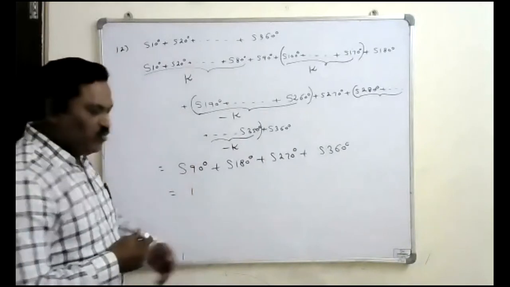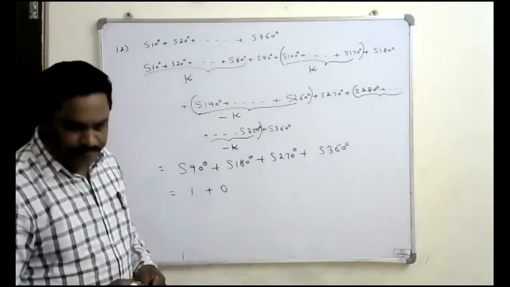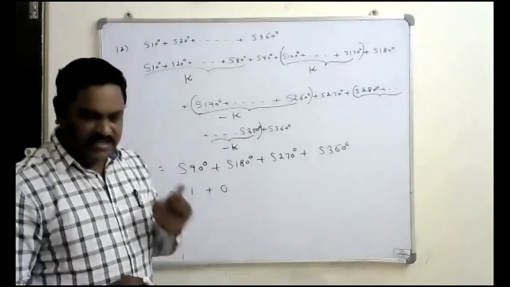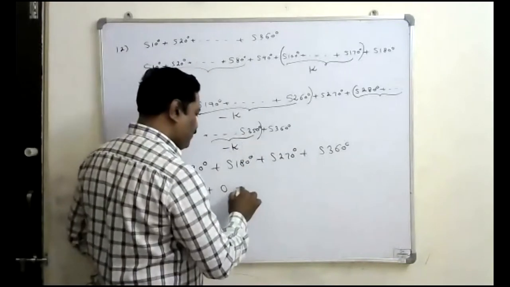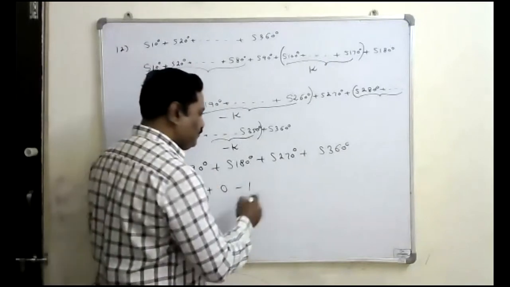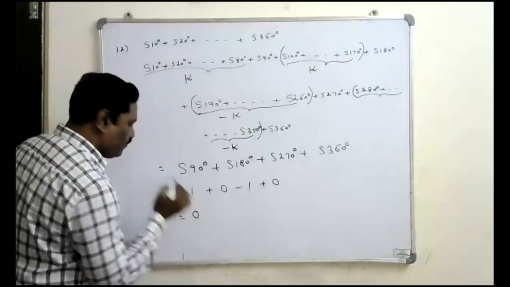Sine 180? 0. So for every integral multiple of 180, that is pi, sine is giving 0. Sine 270? Minus 1. Sine 360? 0. Therefore the answer is 0.